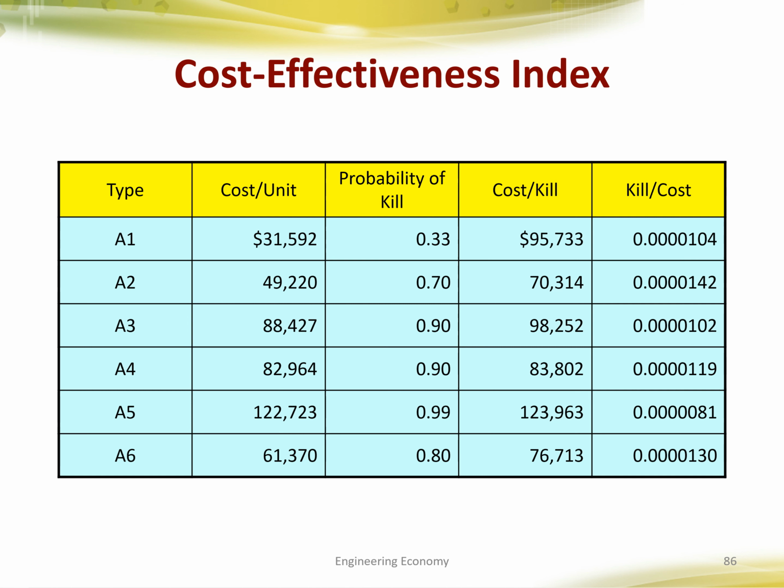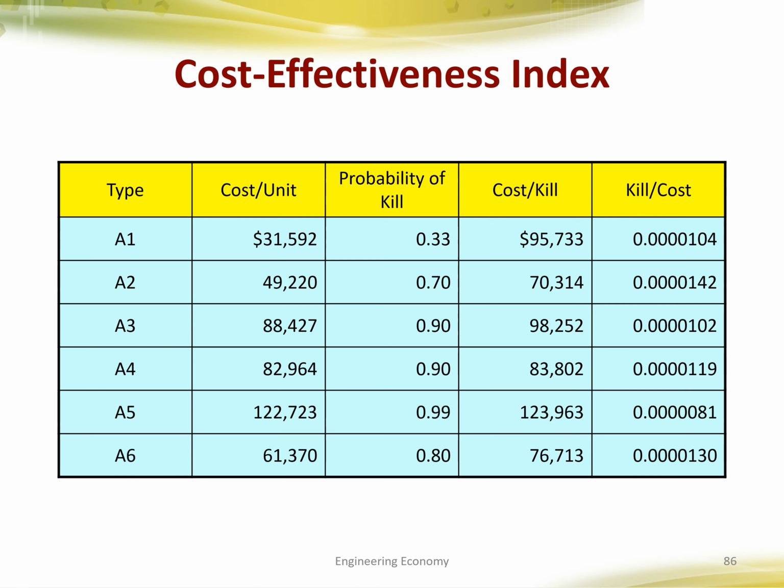Reversely, we may estimate, for 1 kill, how much money we need to spend to get 1 kill. So these two are just the opposite of the evaluation. They'll get us the same result.